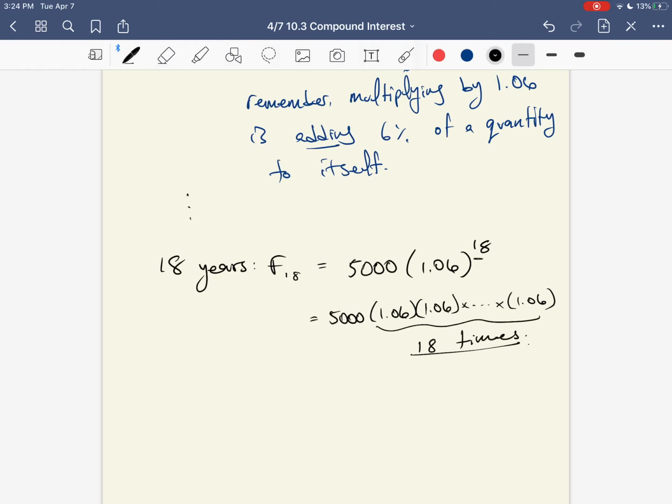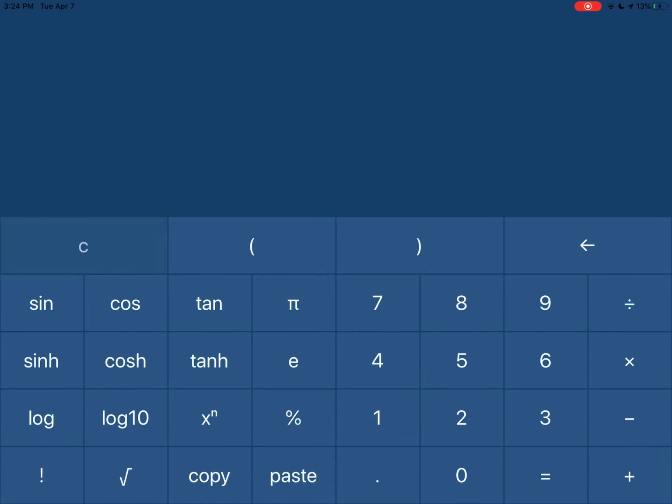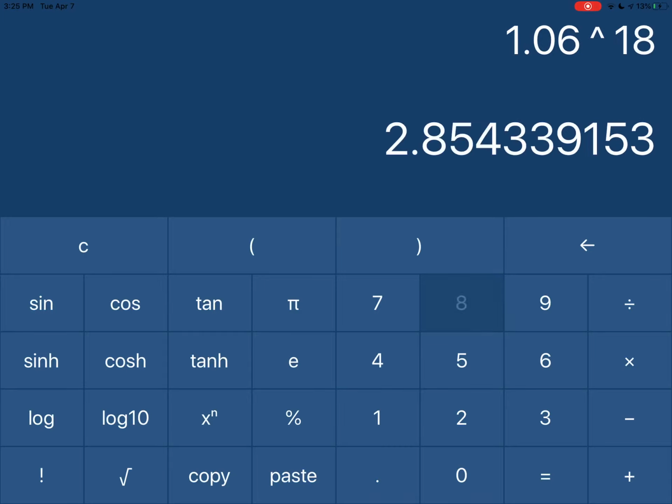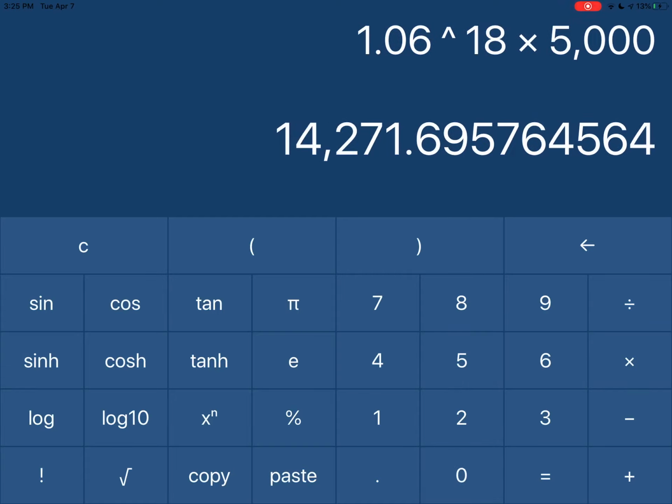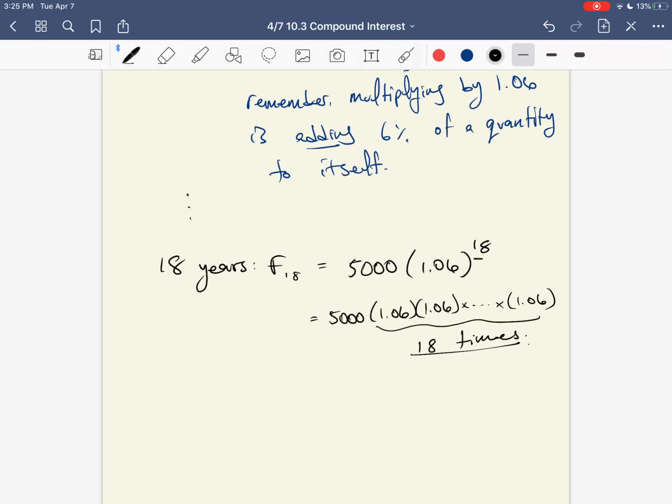Okay. And so, why don't we put this in our calculator and find out what our final amount is? So now, 1.06 raised to the 18th power is 2.854 something. I'm going to multiply that by 5,000. And we will get 14,271 and 70 cents, because we're going to round.